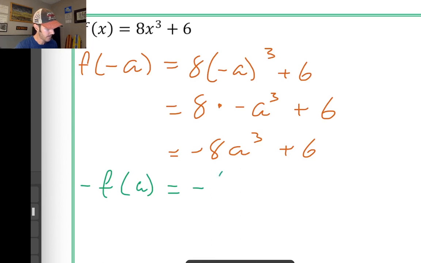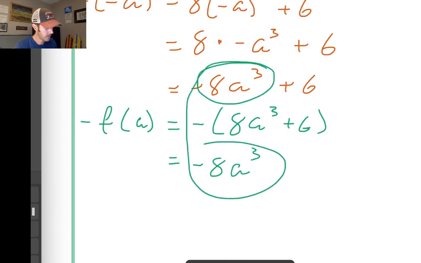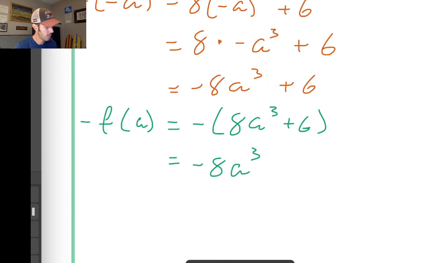So that's negative 8a to the third plus 6. And if we distribute the minus sign there, we get negative 8a to the third. Oh, it's looking like maybe they're going to be equal to each other. Oh, we have to distribute this minus sign to the positive 6, though. So that's going to make it into a negative 6.